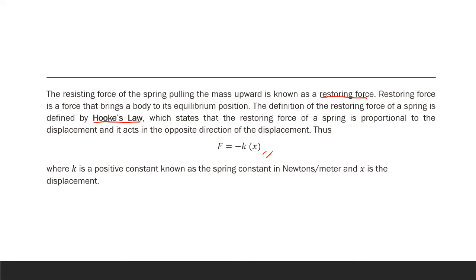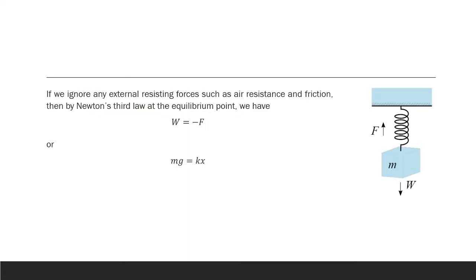Now, if we have these two forces acting on the system, we can use Newton's third law. Or pwede rin naman na Newton's first law. Or, di ba, yung the sum of the forces are equal to zero? Or yung Newton's third law that for every action, there's an equal and opposite force.